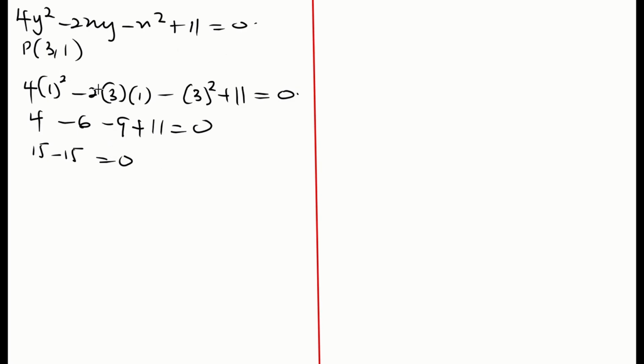We now proceed to find the derivative of the function, which shall be the slope of the tangent. Then we find the negative reciprocal of the slope of the tangent, which shall be the slope of the normal.